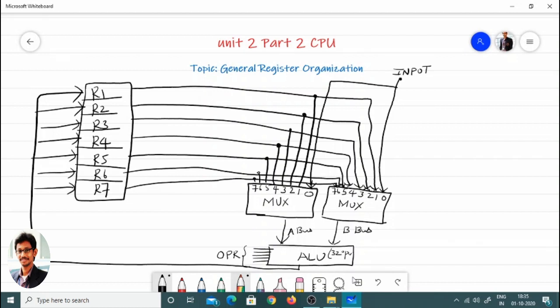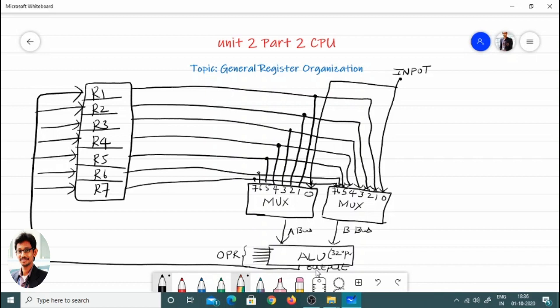The output which is coming from ALU goes to only one of the registers, either R1 or R2 or R3 or R4, R5, R6 or R7, right? Only one register.